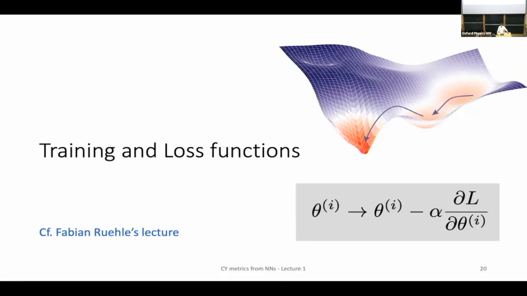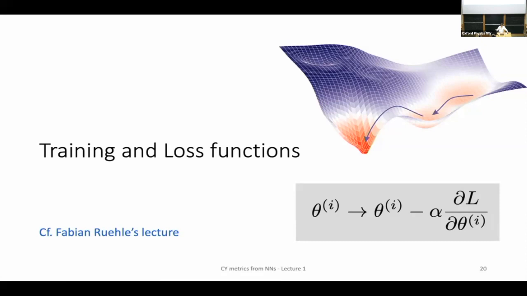Okay, so what we do when we're training this, well, we have to define a loss function, and then we want to train so that we minimize this loss function. So this is just standard stochastic gradient descent using the backpropagation technique. It's something that we've all heard about before in the school.